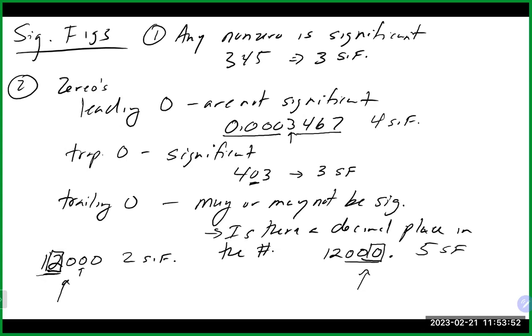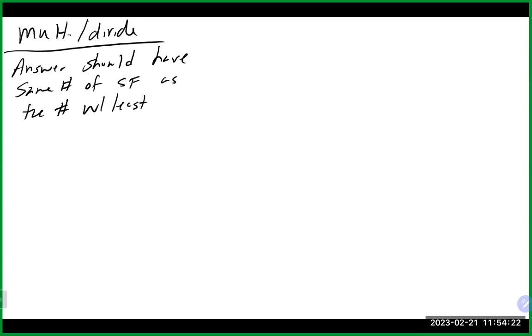The other really important thing, when we do calculations involving significant figures, you should follow the rules. The rules, by the way, are when we multiply or divide, your answer should have the same number of sig figs as the number with the least number of sig figs.